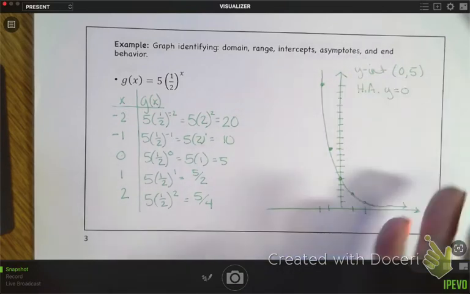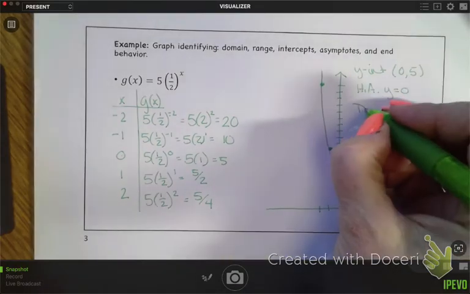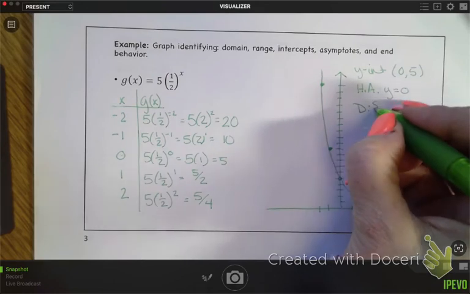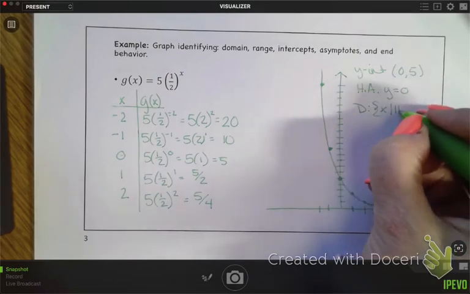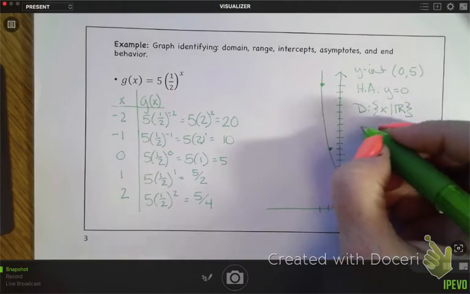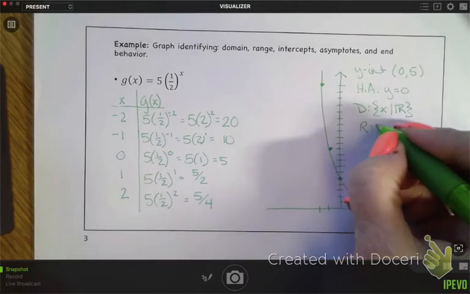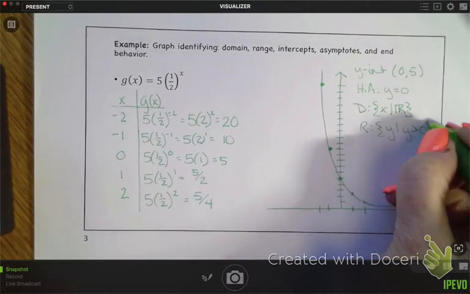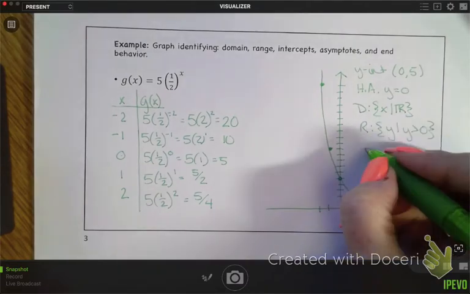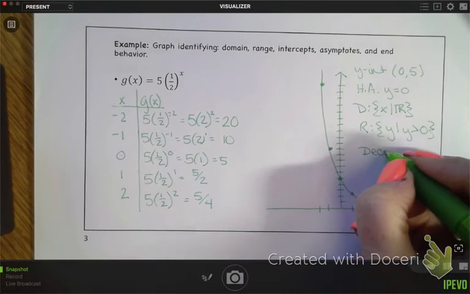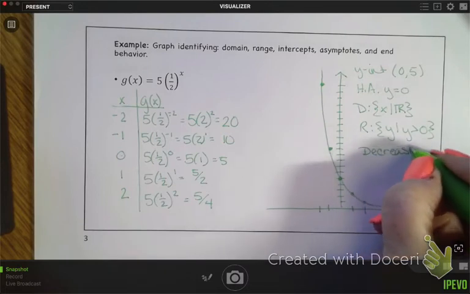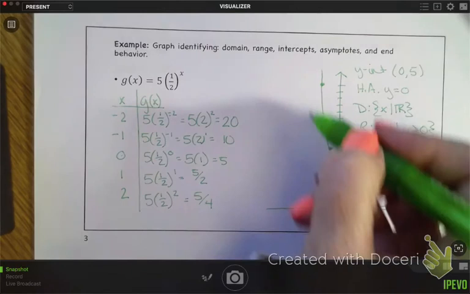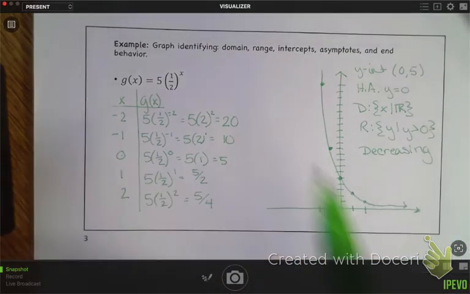Graph didn't move up or down, it stayed where it was. Domain of x is an element of all real numbers, and range is y is greater than 0. And this one is decreasing because we're going down, we're taking that fraction down.